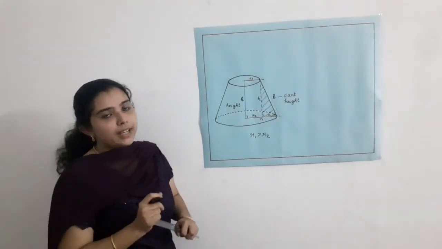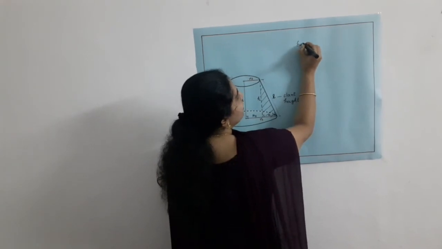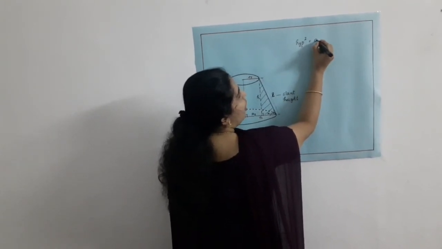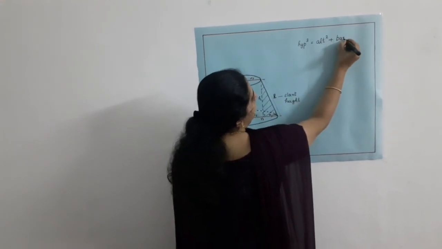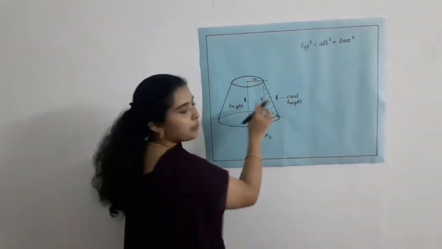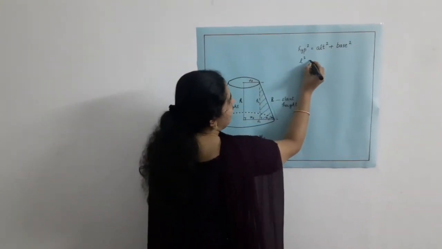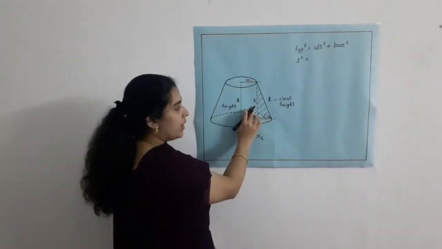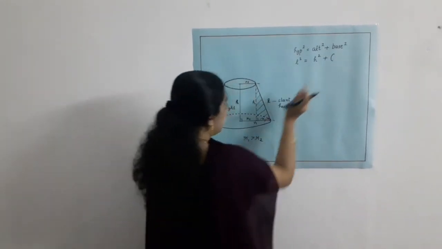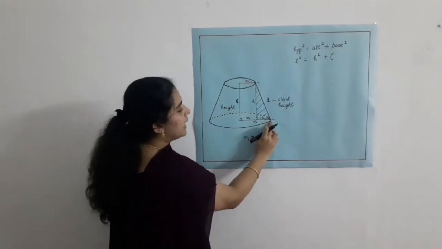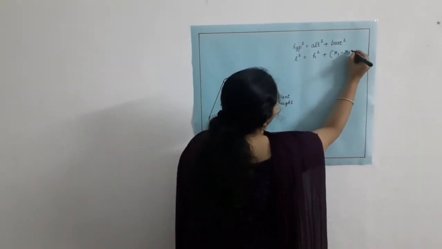As we know, by the Pythagoras theorem, we can write hypotenuse square equal to altitude square plus base square. Here hypotenuse is given as L. Therefore, L square equals altitude, which is h, so h square, plus base, which is R1 minus R2, the whole square.